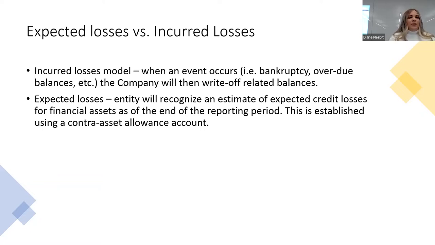Now, under the new model, you're looking at expected losses. So an entity will recognize an estimate of expected credit losses for financial assets as of the end of the reporting period. And this is established using a contra asset allowance account. I don't know if you guys remember back in the day when you were learning about a contra asset account, but it was always one of my favorite accounts. So now we get to use another one.